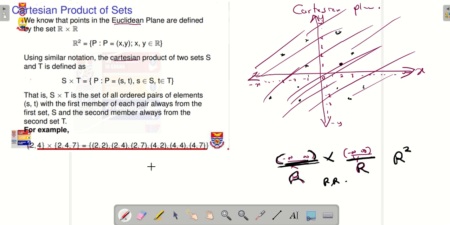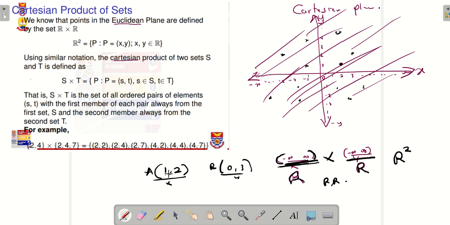So for example, let's say I have set A, which contains only 2 elements, for example, 1 and 2. Then I take set B, which contains only 2 elements, that is also, let's say, 0 and 3. Now, from these two sets, we take this to be the first set, x, and the second set, y. If we are on a Cartesian plane, we can form a Cartesian product of these two sets.